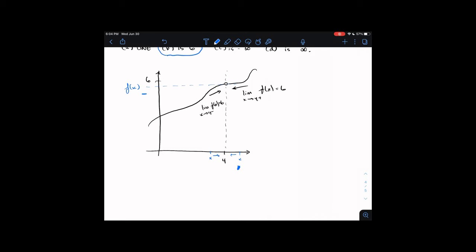So in this case, I drew a hole there. That's what we mean by it doesn't exist there. You will also find that some people will say, this is kind of a technical note that you shouldn't get wrapped up in, but 1 over x, for example, doesn't exist at 0, but it doesn't have a hole there.